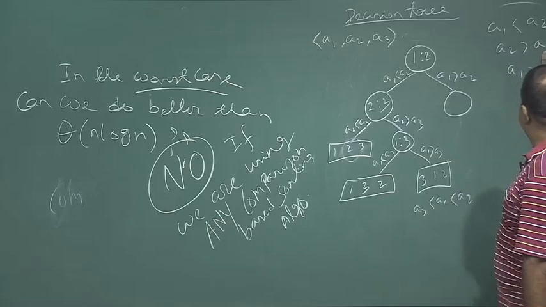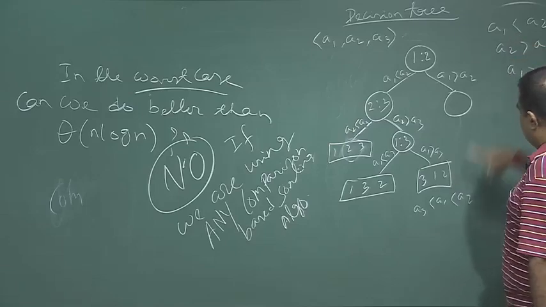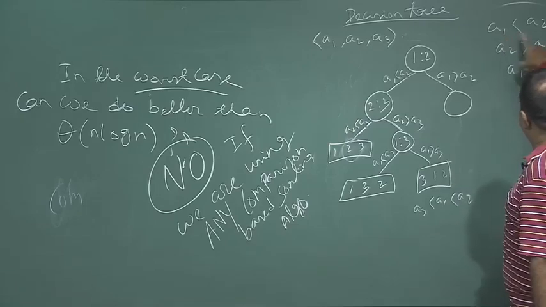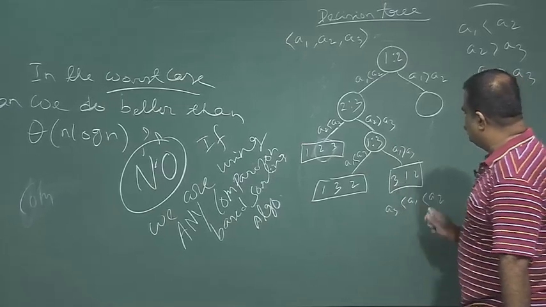So, A3 must be the minimum, so A3, A1, A2 like this.